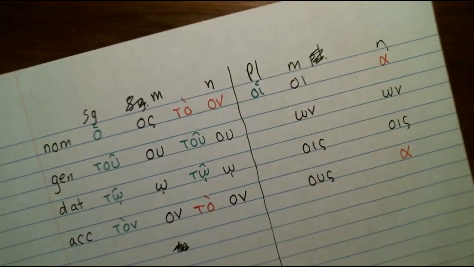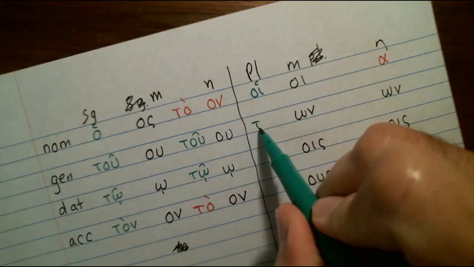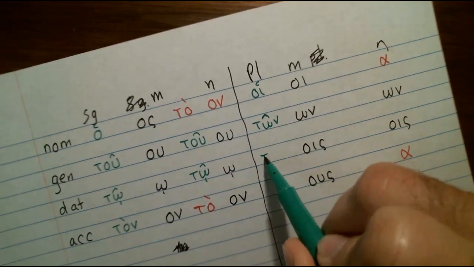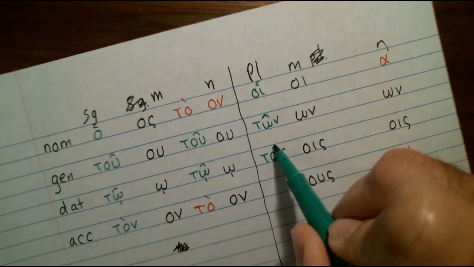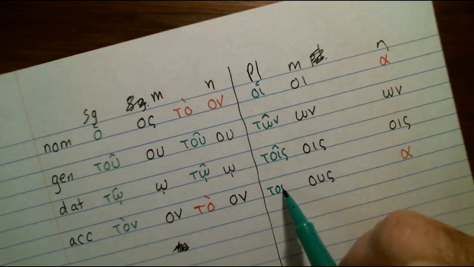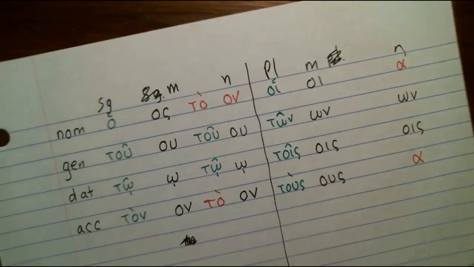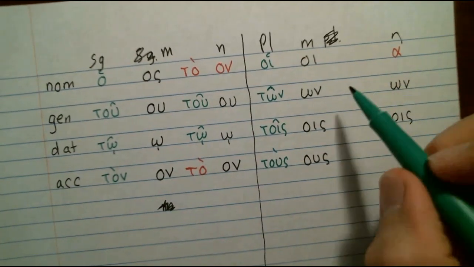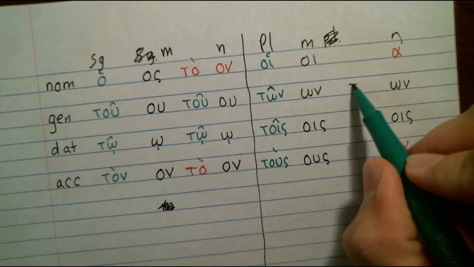So hoi, right? You have ton, tois, and then tous, like so.